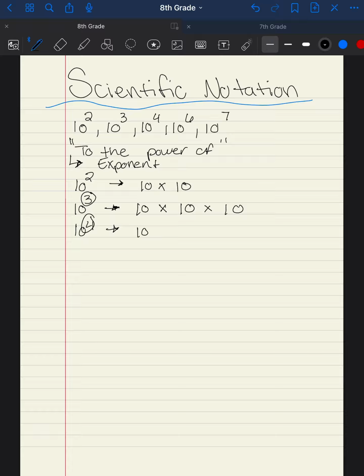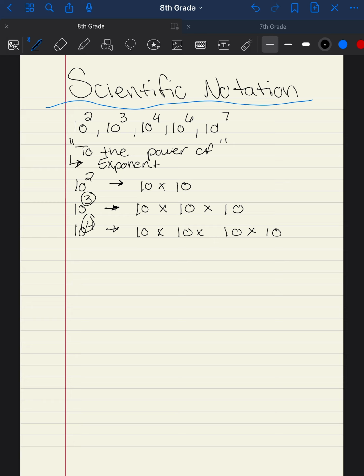So 10, 10, 10, and another 10. Is that 4? Let's see. 1, 2, 3, 4. Okay, I have my 4 tens. What am I missing? Exponents means repeated math? No. Repeated multiplication. So, missing my multiplication sign. So that is what that means.